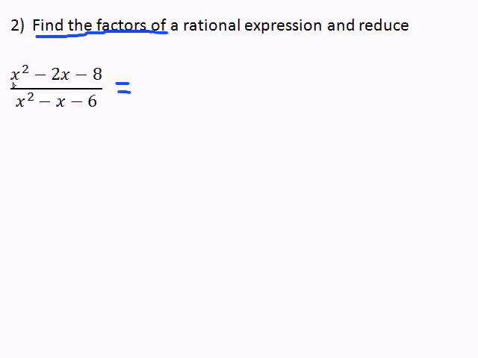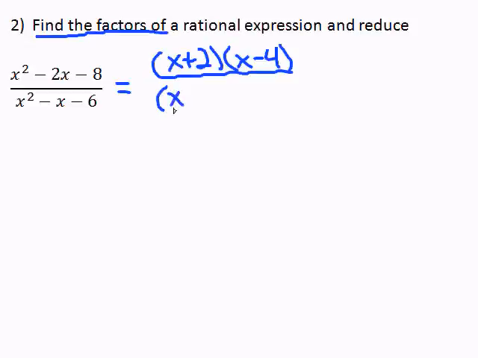To factor the top, we notice we have 3 terms, so we're looking for two numbers that multiply to -8 and add to -2. Those numbers are 2 and -4, so our factors are x plus 2 and x minus 4. Of the denominator, when we factor the denominator, we get x plus 2 and x minus 3.